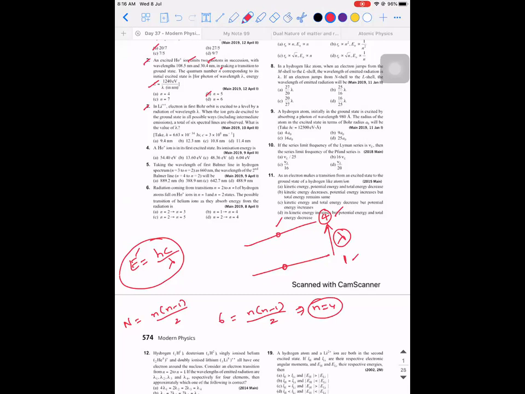So E4 minus E1 is equal to hc by lambda. Okay, in the place of hc by lambda, you can again use this formula, 1240 electron volt divided by lambda.